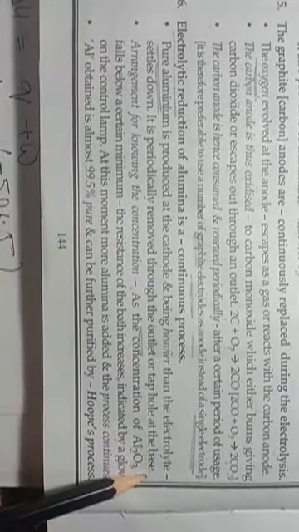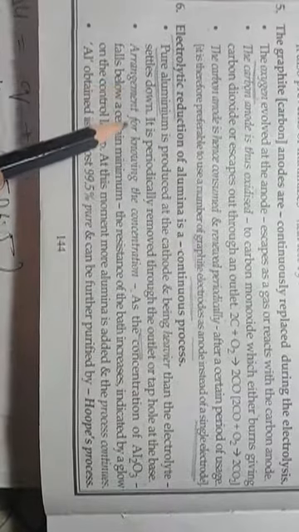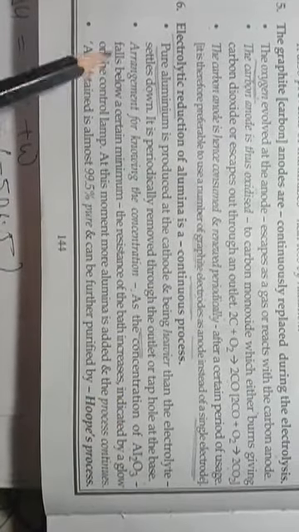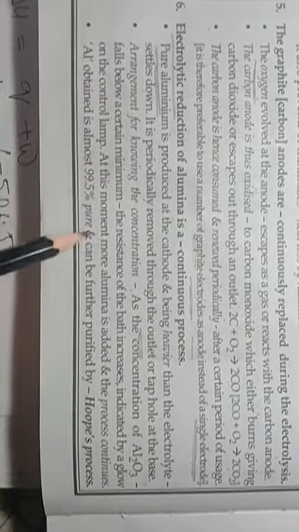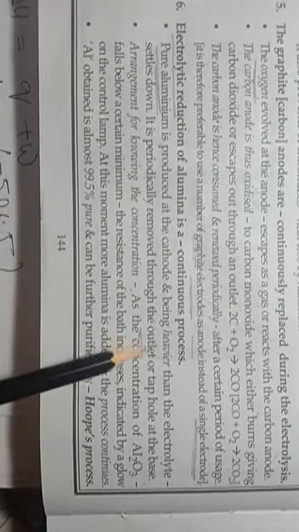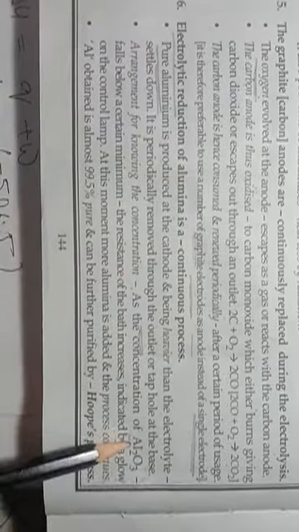Arrangement for knowing the concentration: as the concentration of Al2O3 falls below a certain minimum, the resistance of the bath increases, indicated by a glow. As aluminium is taken out from the outlet, the concentration of the electrolyte in the cell decreases.